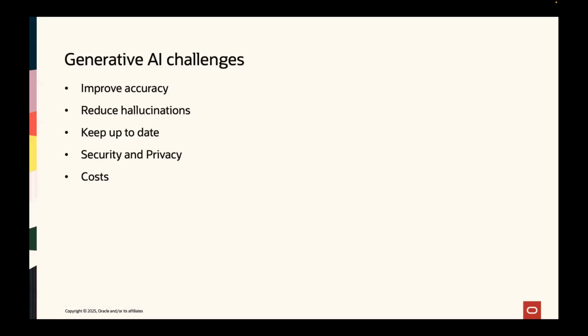And most of the LLMs out there have a cutoff date in terms of the most recent bit of information that they have as part of their training corpus. That cutoff, for example, for OpenAI's ChatGPT, is around September 2021.